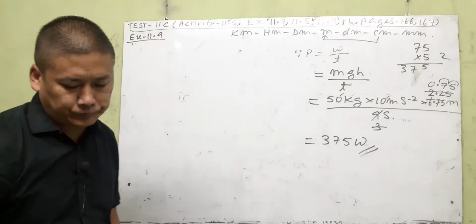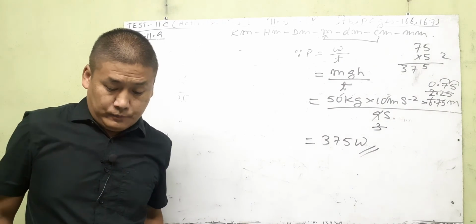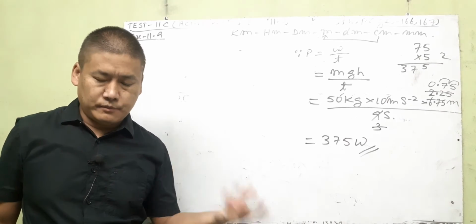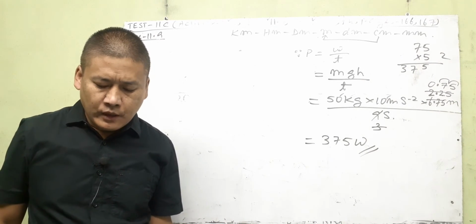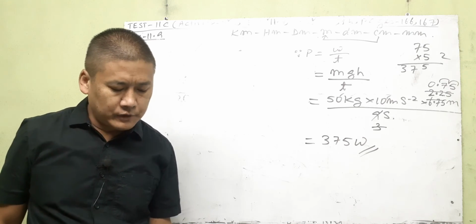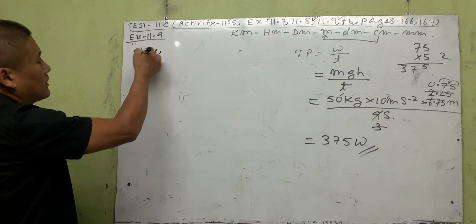Slowly, let's do. An electric bulb of 60 watt is used for 6 hours per day. Calculate the units. Units means commercial unit, kWh. Keep that in mind. Of energy consumed in 1 day by the bulb. So just do like this.